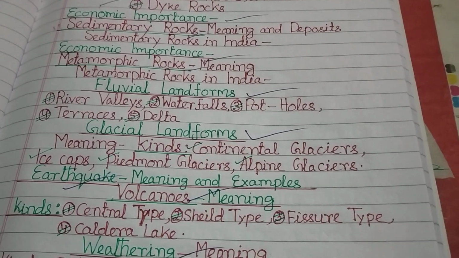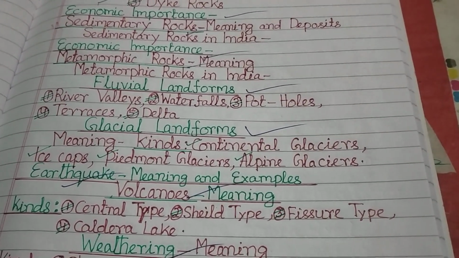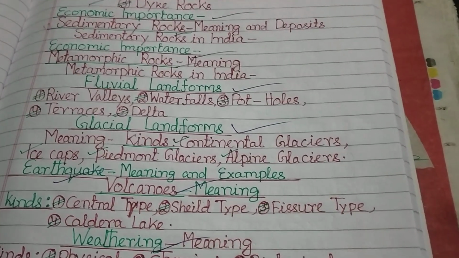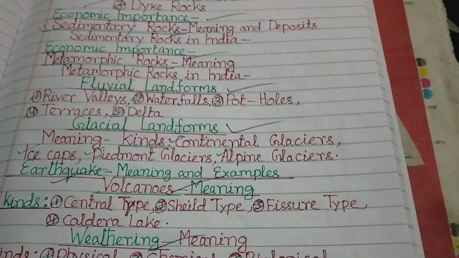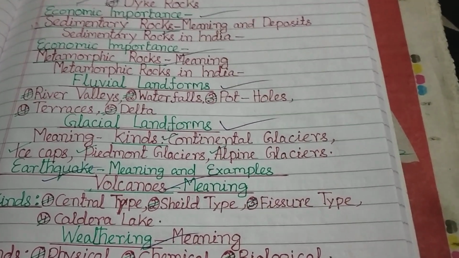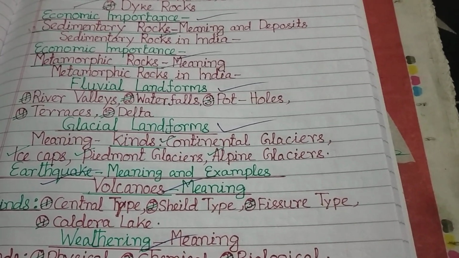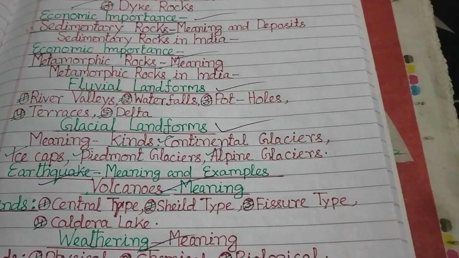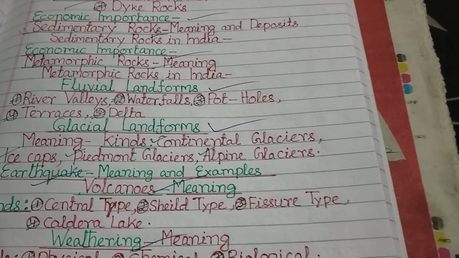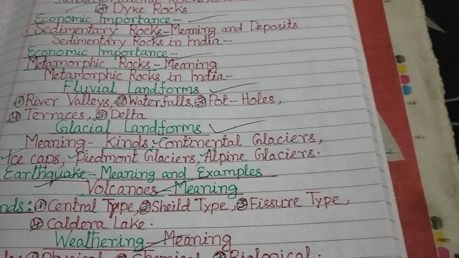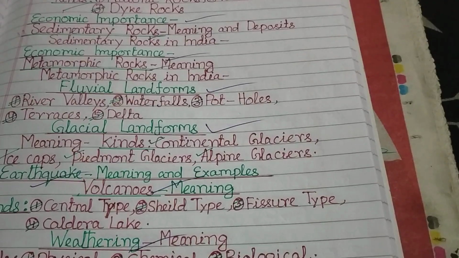The minerals of great economic value found in igneous rocks are magnetic iron, nickel, copper, lead, zinc, chromite, manganese, gold, diamond, platinum. These metals are of great value in the metallurgical industry of modern days.